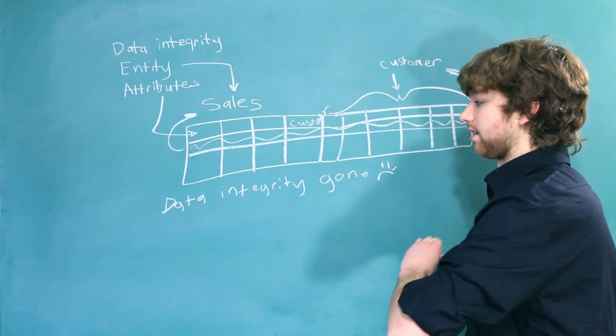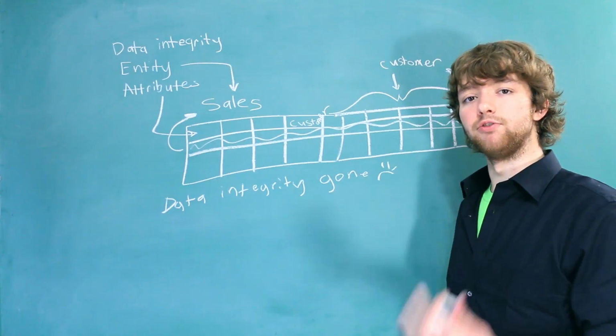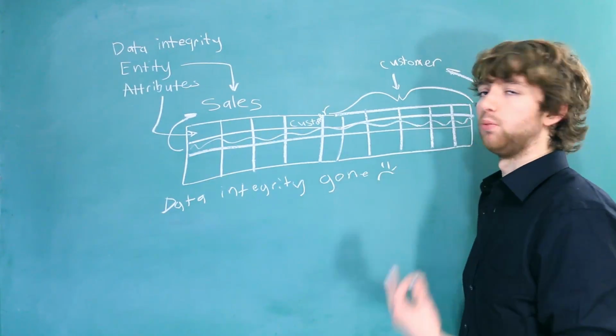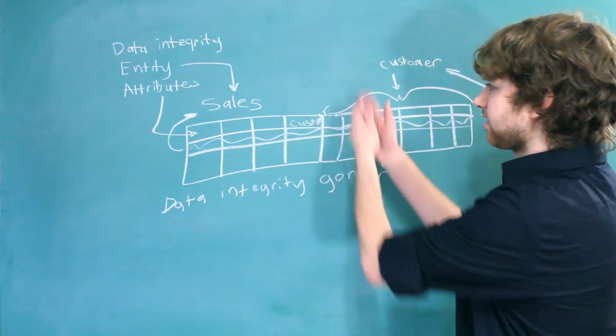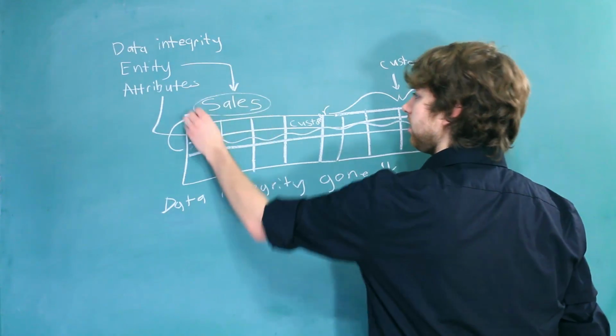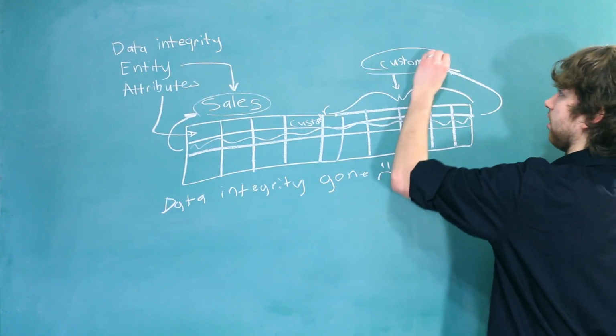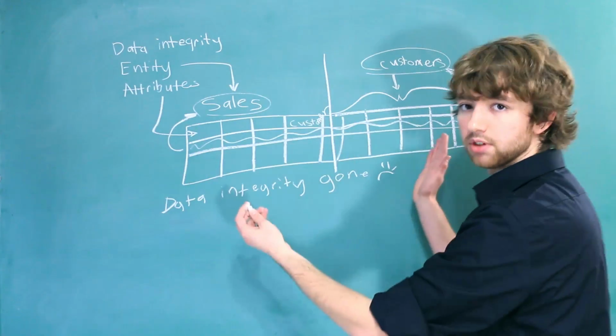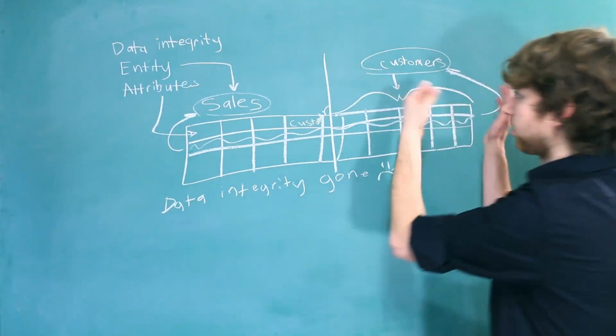Now, we are going to discuss data integrity in depth in future videos, but just to start off, one way you could really improve the way your database is structured is separate tables by entities. Sales are an entity, customers are an entity. So why not split this table, have two separate tables, one for sales and one for customer.